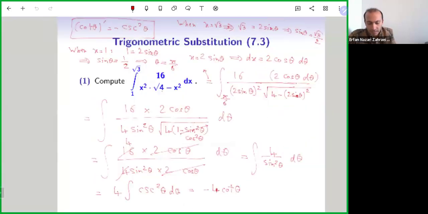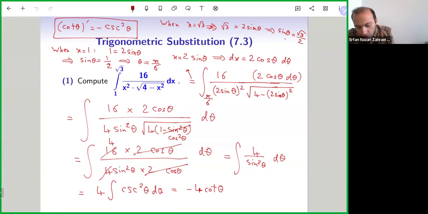That's 60 degrees, or pi over 3. So theta should be pi over 3. So that's how you change the range of integration. Let me copy those bounds and carry them over until the step that I did. They are all pi over 6 to pi over 3.